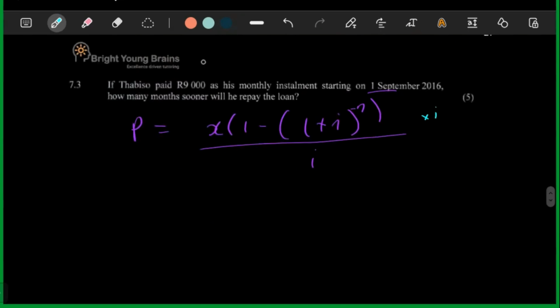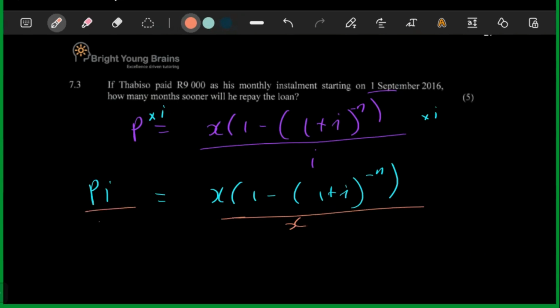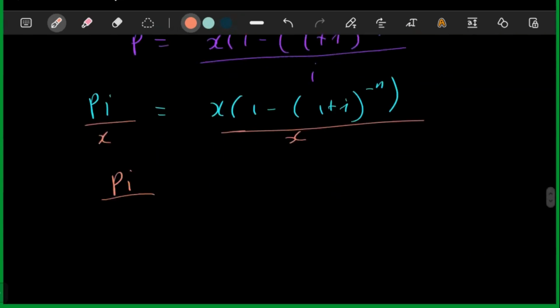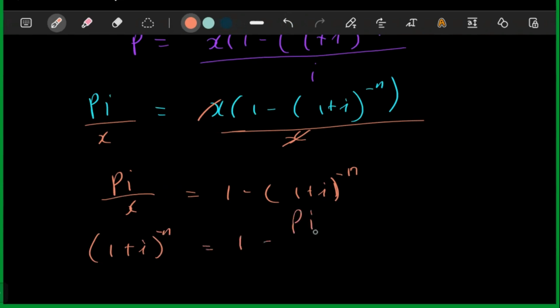Isolating n here, same idea. First, you start by multiplying by i on both sides. You have P times i equal to x times 1 minus 1 plus i to the power of negative n. Since we're solving for n, we now divide by x on both sides. We have P i over x equal to 1 minus 1 plus i to the power of negative n. What I normally like to do is take this term to one side so that it becomes a plus, and take the other to the other side so that it becomes a minus.